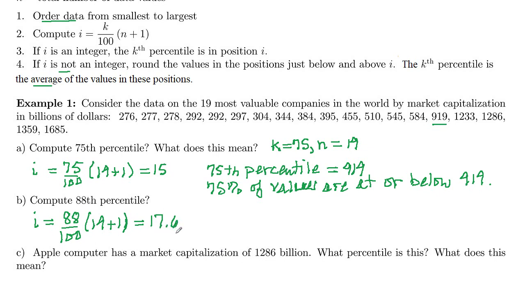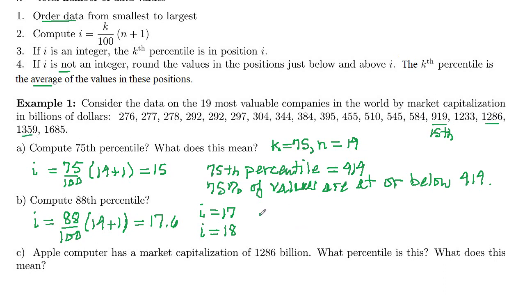So that's not an integer. The next integer down from that, we round it down, we get 17. And if we round it up, we get 18. So we're going to average the values in the 17th and 18th position. Remember, this was the 15th position, so 16, 17, and 18.